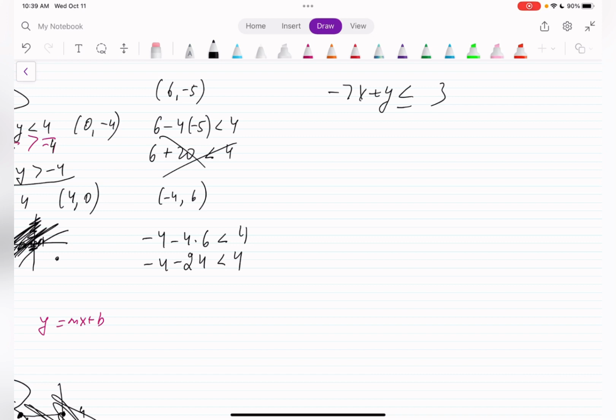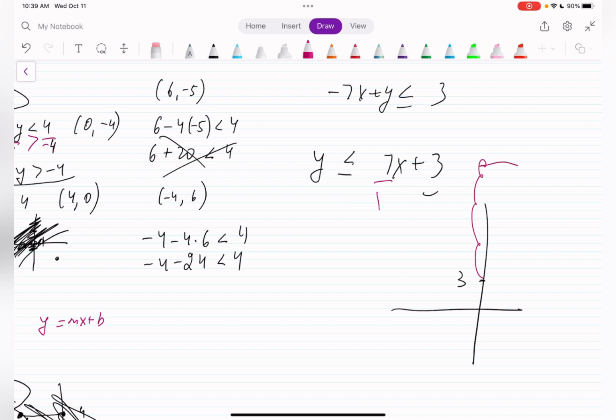So I need to find y. Y is going to be less or equal positive 7x plus 3. Okay? So I'm starting with 3. Since I have 7, I am imagining 7 over 1. So I'm going up by 7 and then positive 1.